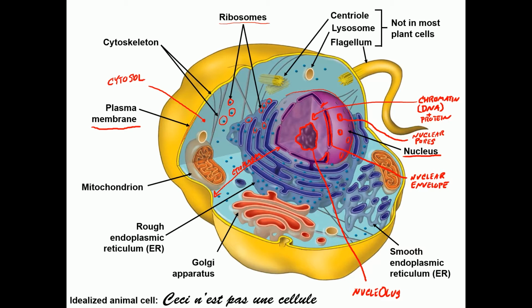I'll talk a little bit more about that later, but we have these two structures here: the nucleus, which is the container for all of the DNA, and the nucleolus, which is part of the nucleus, which contains the genes for making ribosomes.